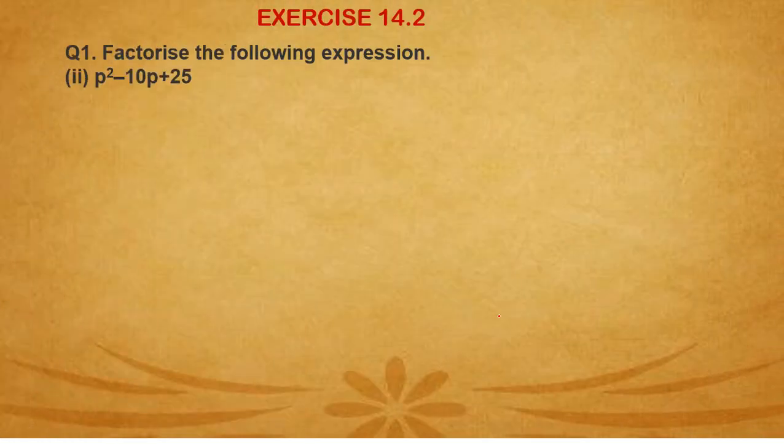Now let's take the problem of exercise 14.2, factorization of the following expressions. So the second problem of this is given p square minus 10p plus 25. Now here p square minus 10p, now again we have to find out the number.